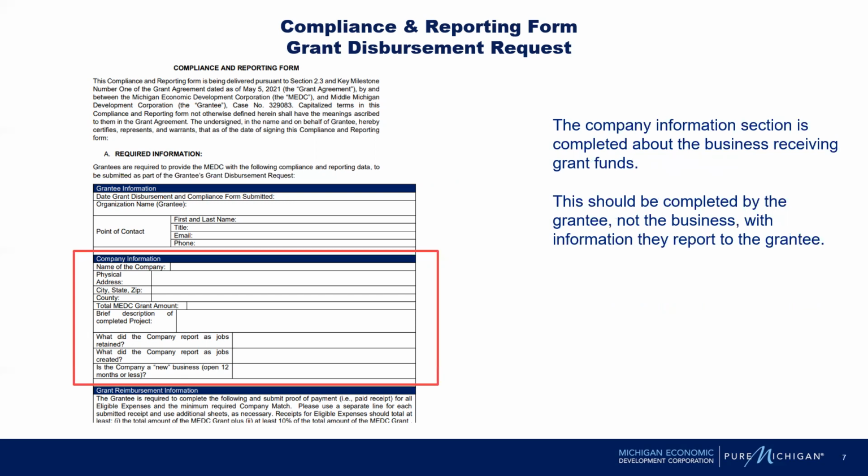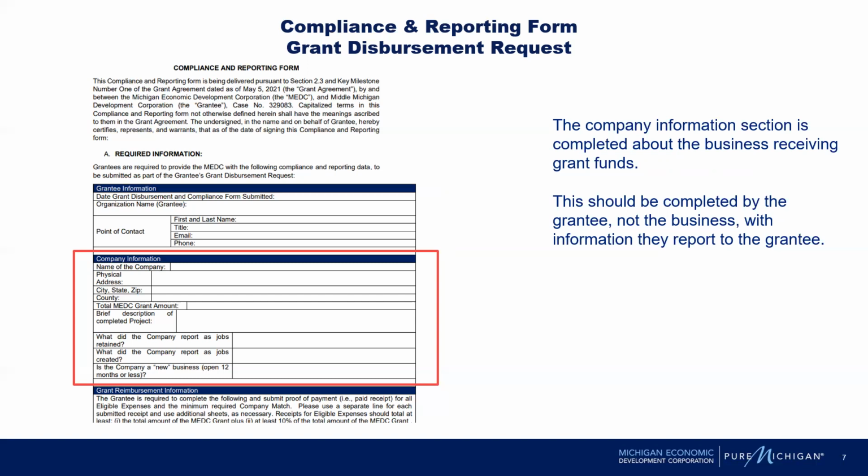The next section is the company information. This is filled out based on the business that's receiving these funds. Just want to note, you can ask the business, call them, email them, stop by. There's a couple of questions on what they're reporting as their number of jobs retained and number of jobs created.